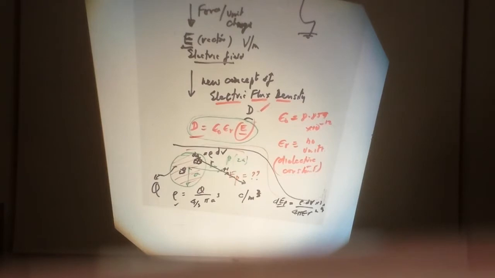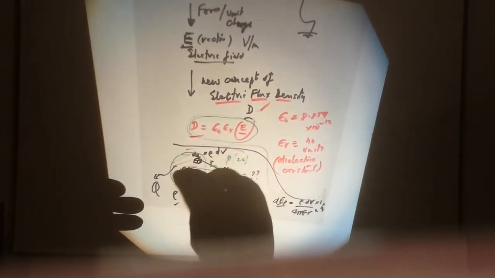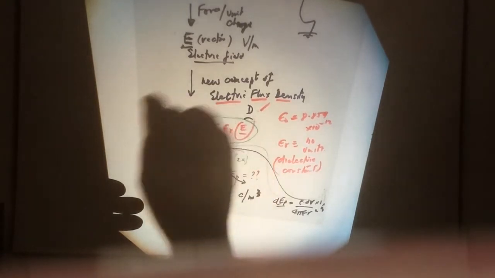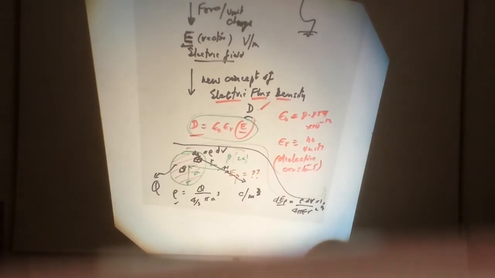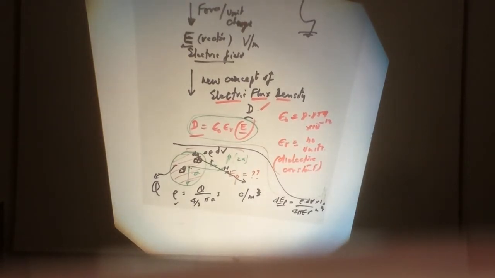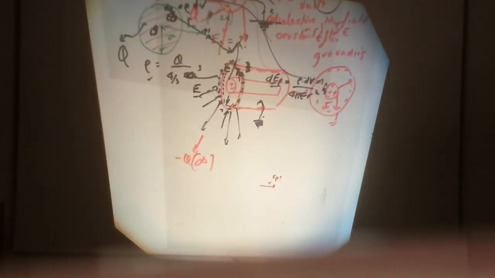But at a given point P, if I go around at the same distance R, I have symmetry. The volume will be the same. So this allows me to exploit this symmetry. This is how we do the problem.